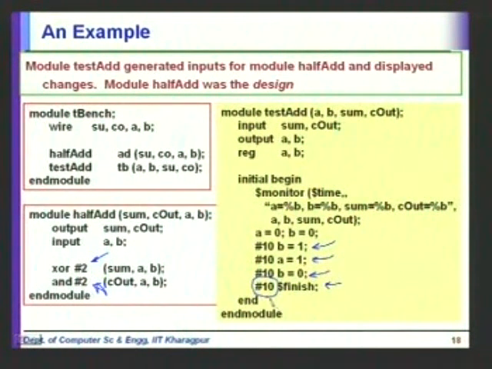And so you have kept a time of #10, assuming that by that time it's going to settle down. And then $finish means that's the end of simulation. So this whole module is integrated with this and linked through these wires. When simulation starts, it is going to run for 10, 20, 30, 40 units of time and then terminate. Is that clear?